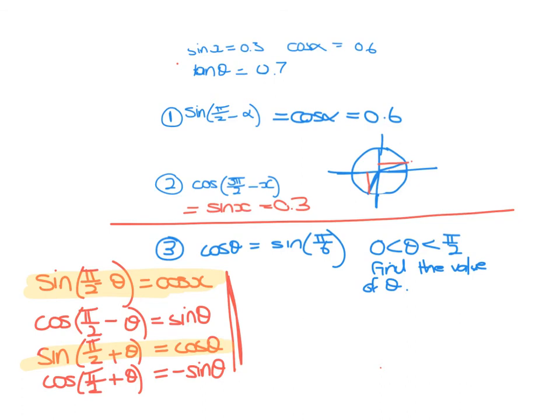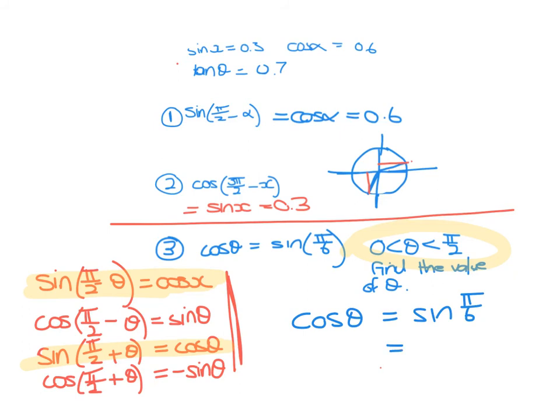And then we can think about, well, my domain is actually between here and here, isn't it? 0 is less than theta, which is less than pi on 2. So that means that I'm going to want to get an angle for theta that is less than pi on 2. Now if I compare this one, I get cos theta equals sine of pi on 6, and underneath that I'm going to write my two options.